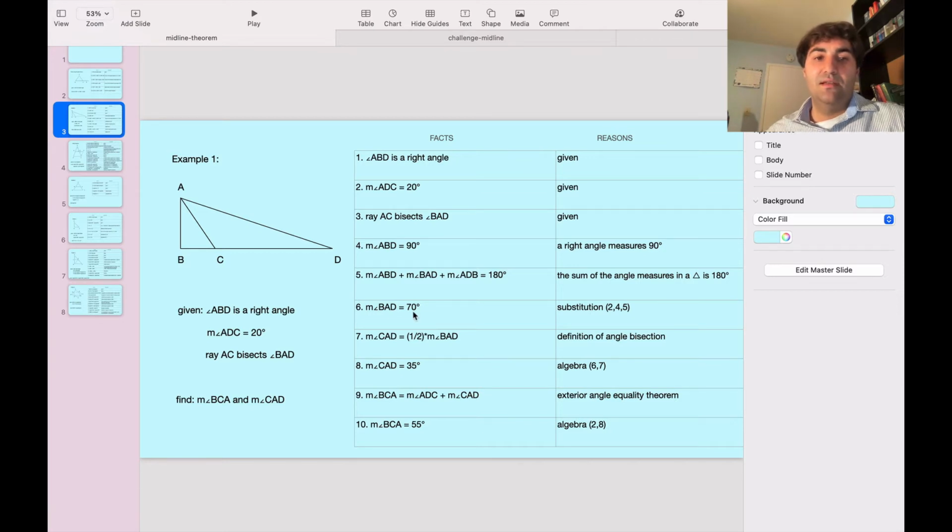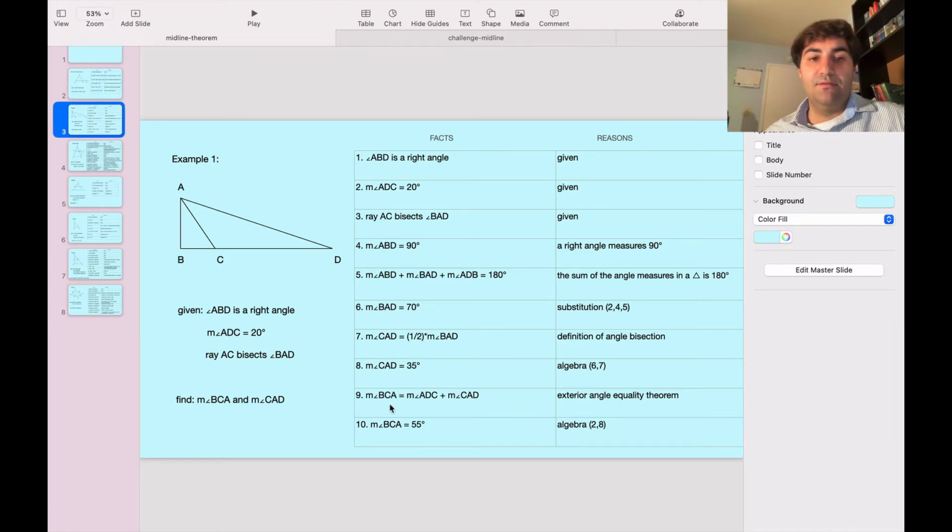Now for the measure of angle CAD, this ray bisects the angle, so the measure of angle CAD is going to be 1/2 times the measure of angle BAD, this larger angle here. 70 times 1/2 is 35, so the measure of angle CAD is 35 degrees.